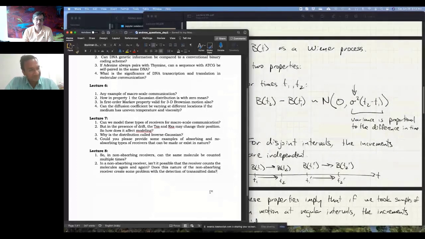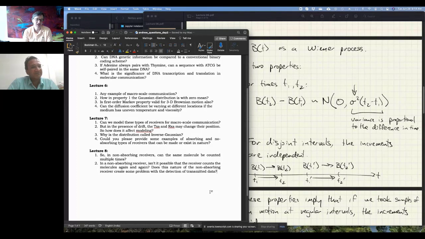I'm interested in what's the ultimate performance that you can potentially get from a molecular communication system. In that case, we tend to look at the cleanest, most mathematically tractable possible situations. That's why I tend to emphasize absorbing receivers in this lecture series, because they lend themselves to the cleanest and simplest interpretations.